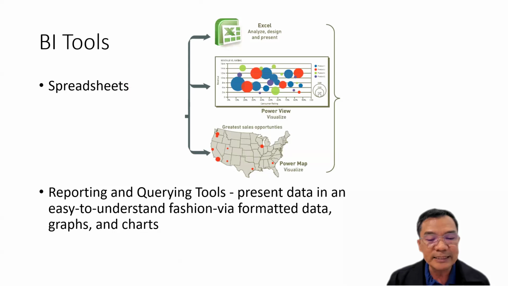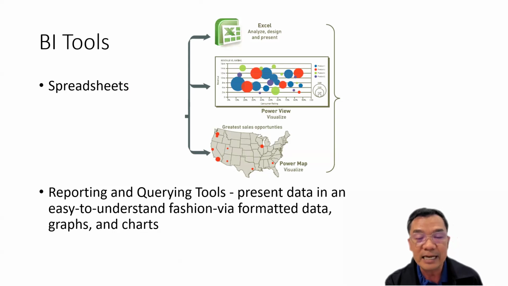But we can also have reporting and query tools, which present data in an easy to understand fashion via formatted data, graphs and charts. Many of the data captured by databases might be transferred to spreadsheets for easier analysis, because many of the BI professionals will be familiar with spreadsheets.